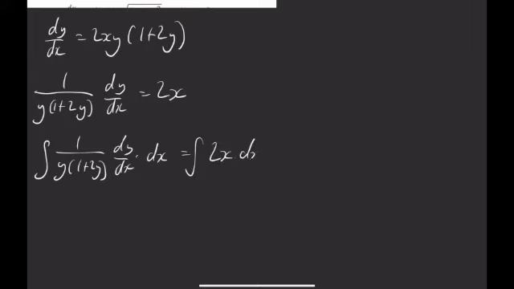So if I take the integral of 1 over y(1 plus 2y) dy dx equals the integral of 2x dx, you'll see that the dx here cancels, and I've got this nice integral in terms of y and integral in terms of x. Now I'm going to need to do something about these guys.